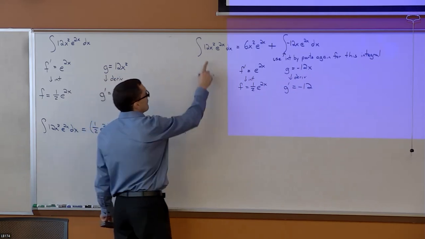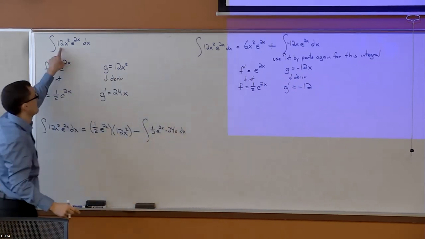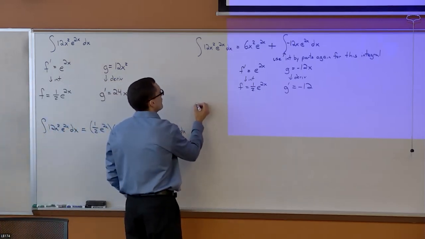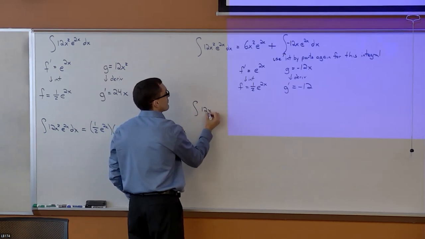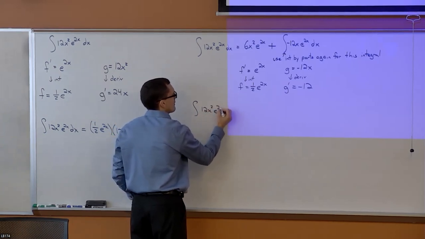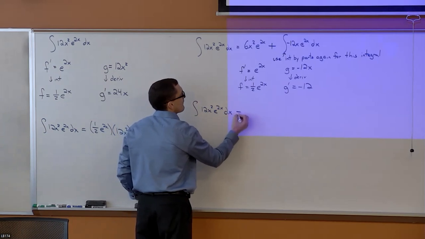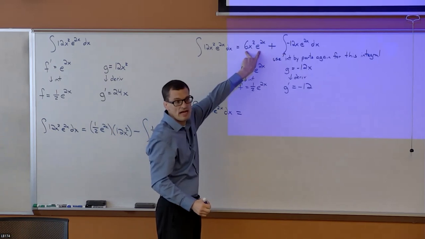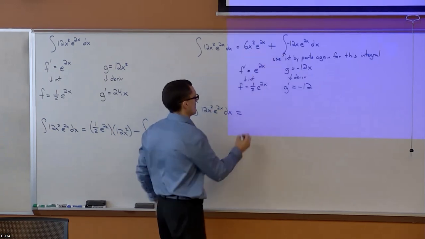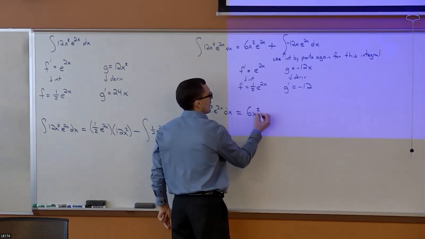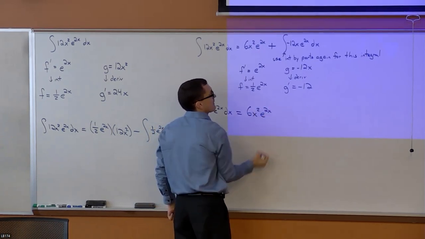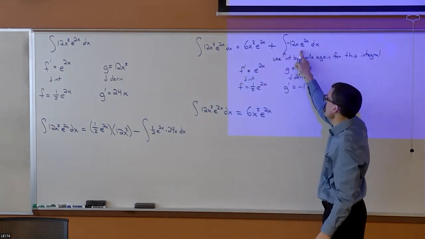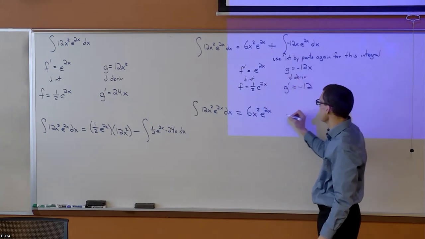Now, be very, very careful. The original one I'm trying to integrate is the 12x squared e to the 2x. So we still are trying to integrate this one. That means I still have this term out in front. And then when I deal with this integral, I'm going to deal with it as f times g.